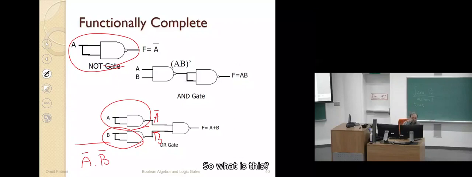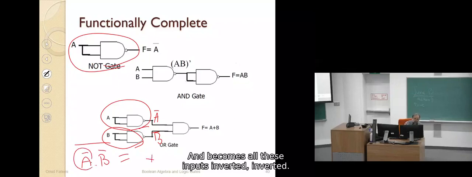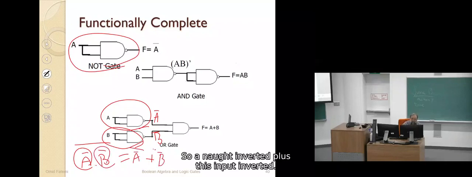So what is this? Using De Morgan's, De Morgan says AND becomes OR. This input inverted, A naught inverted, plus this input inverted.